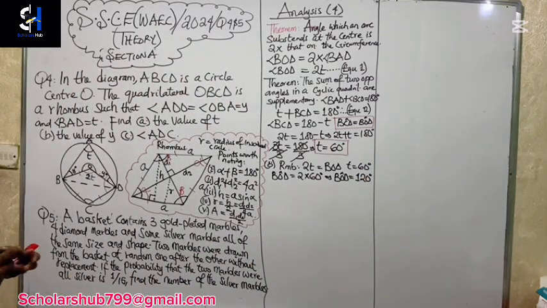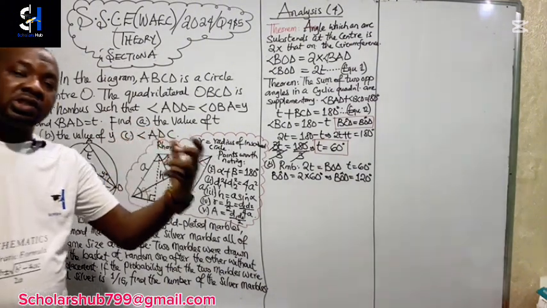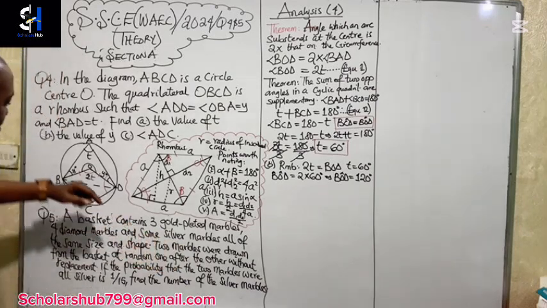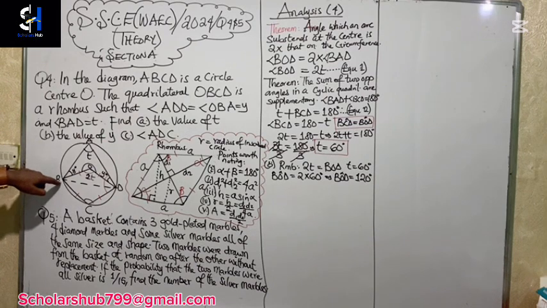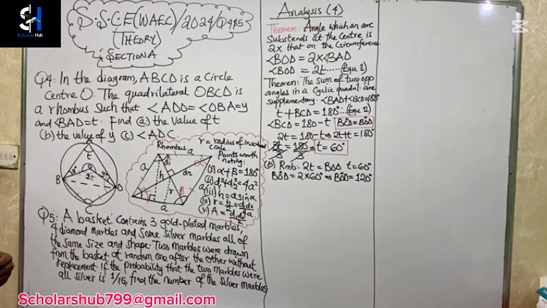Now, we know that the distance from the center of a circle to the circumference is what we call the radius. So when a line is drawn from the center of a circle to touch the circumference, the length of that line is called the radius.